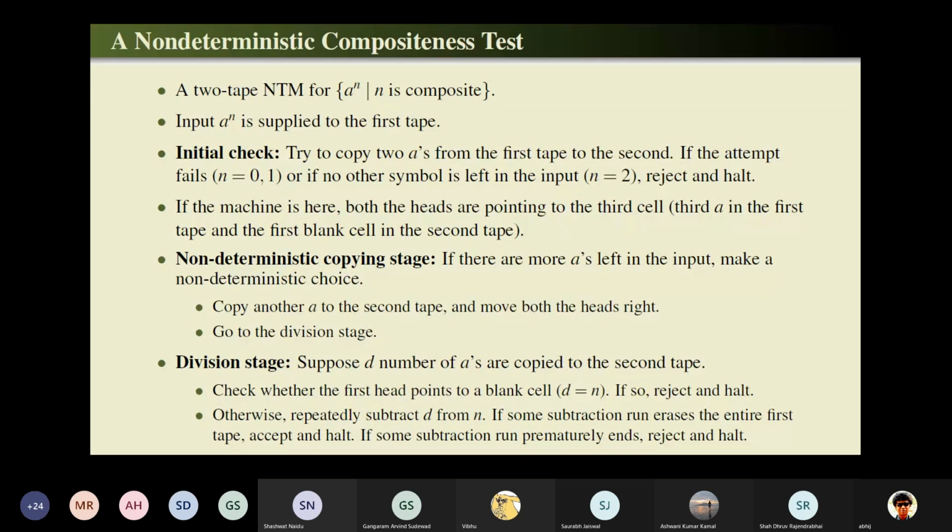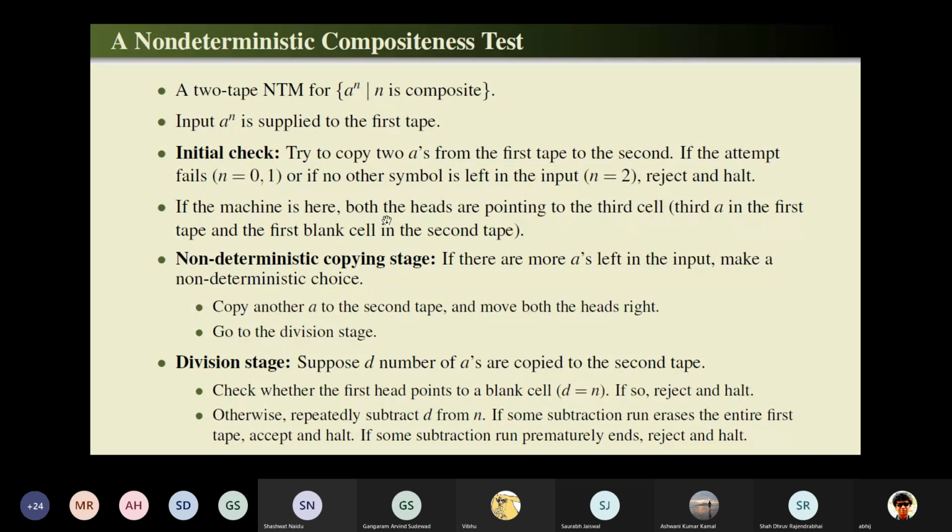Okay, and keep doing this. So if this d actually divides n, then what happens? After some pass, this will be completely erased. Okay, so this is basically what it does. You can just read it out.